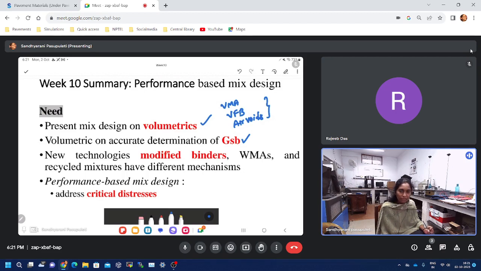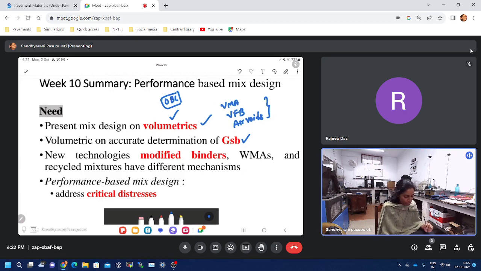As we change the bulk specific gravity of fine aggregates, our volumetrics are going to change predominantly. When the volumetrics change, our final OBC would vary. As the OBC varies, the performance and other responses would vary. So the current mix design is highly variable and depends upon the bulk specific gravity.